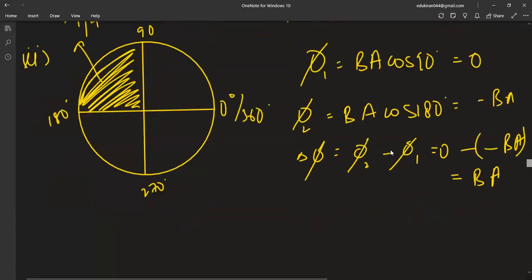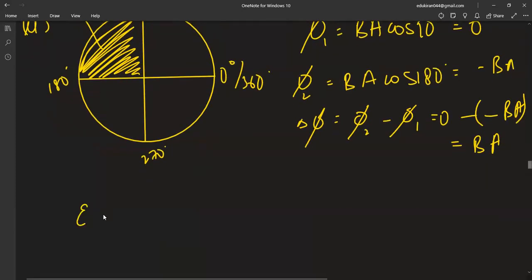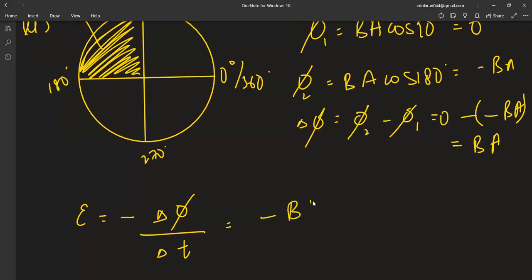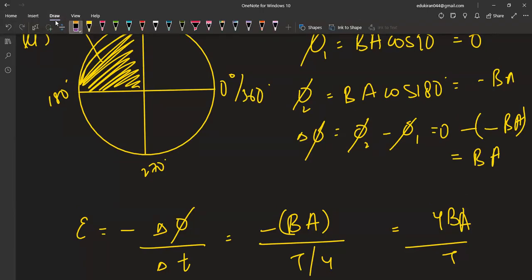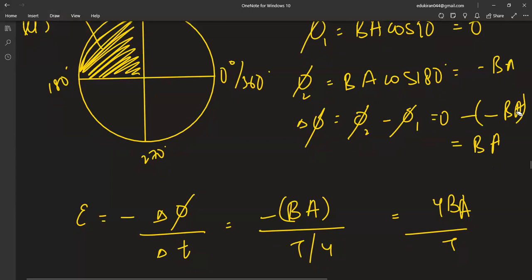Now coming back to our induced EMF, minus del phi over del t. Time period is still t by 4, so this time this is 4BA by t. Right? Okay, wait. Here final is minus BA, no?